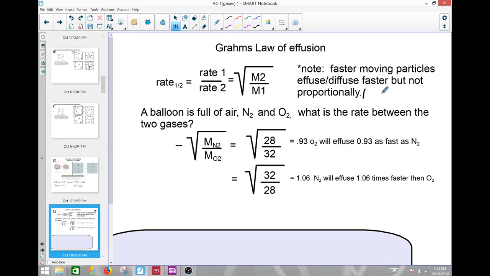Keep in mind that for a given temperature, the rate of effusion depends on the mass. Heavier particles have a much lower velocity. So M stands for molar mass.